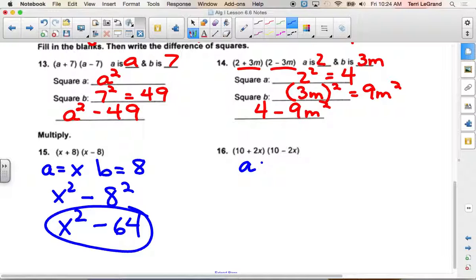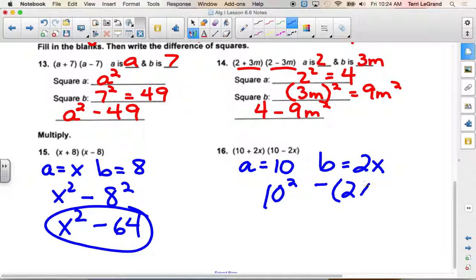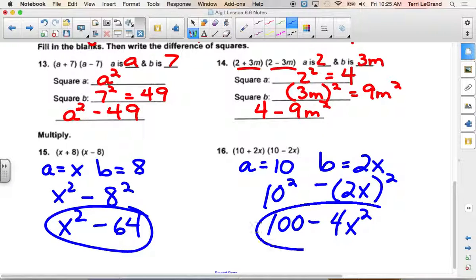What's our a value? 10. B value? 2x. 10 squared minus 2x squared. You need to show me this step. 10 squared minus 2x squared. What's our answer? 100 minus 4x squared. Okay.